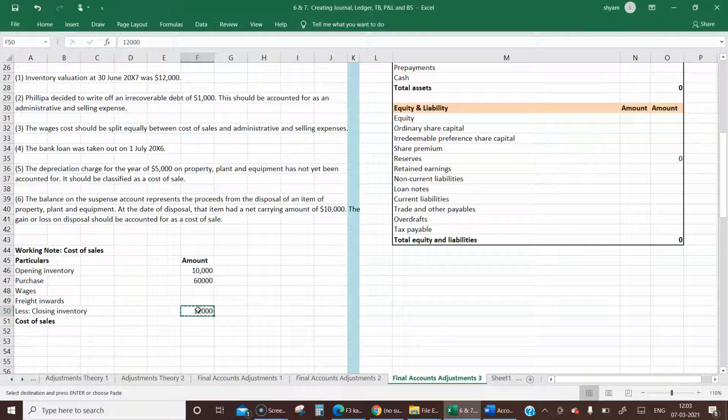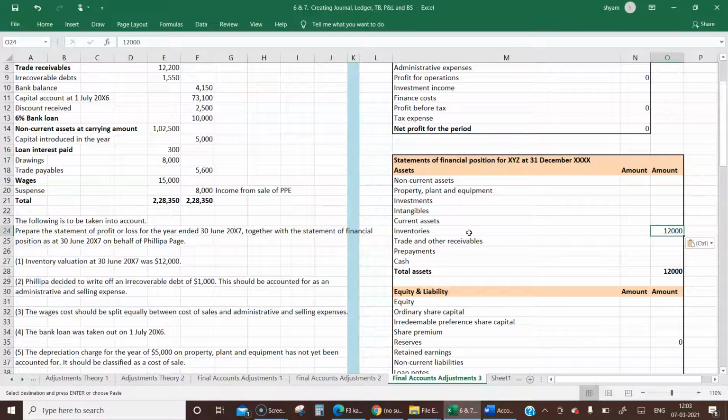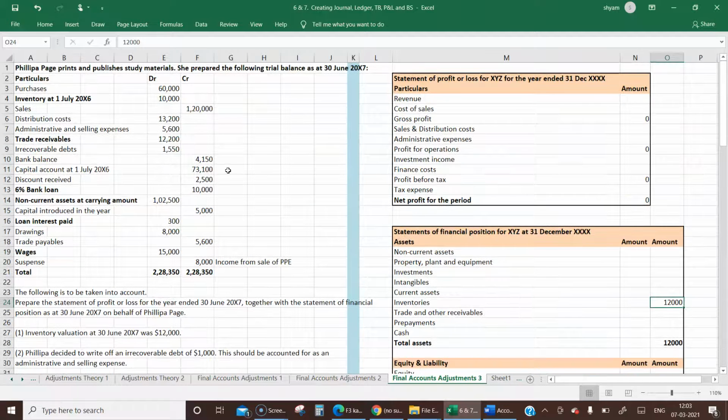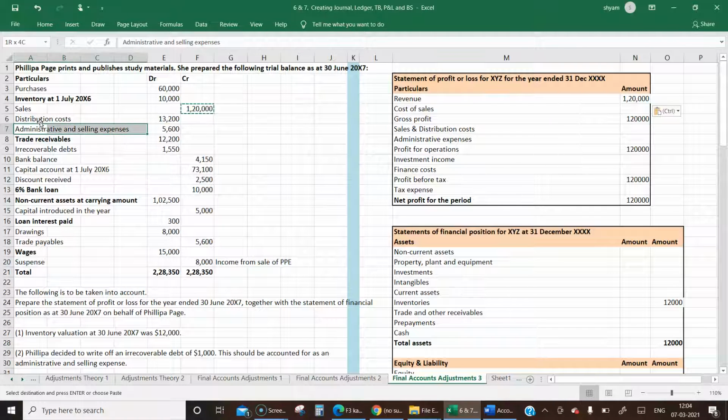The same closing inventory should also be shown on the asset side, 12,000. And then we have sales. Sales is 1,20,000. Then we have distribution cost, which is 13,200. This sum is telling us separately about distribution cost and administration cost.